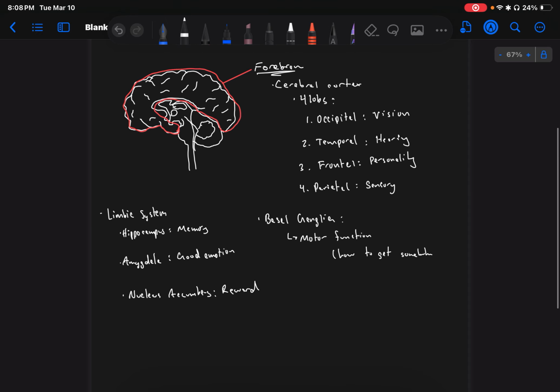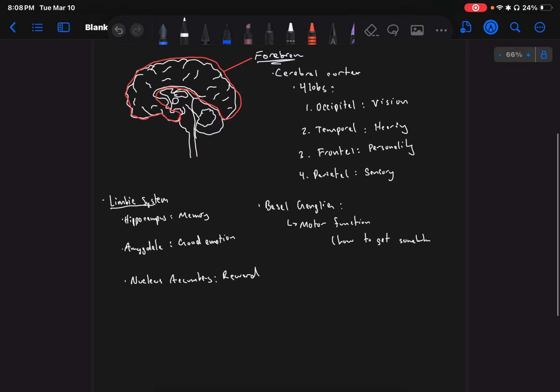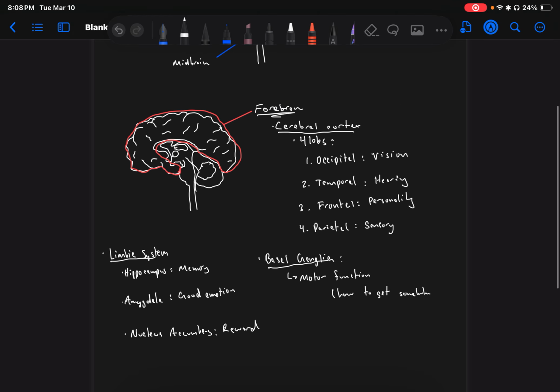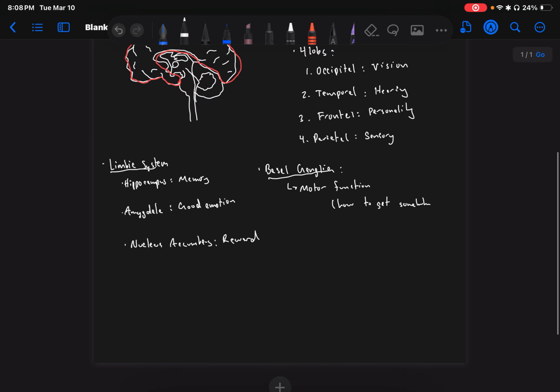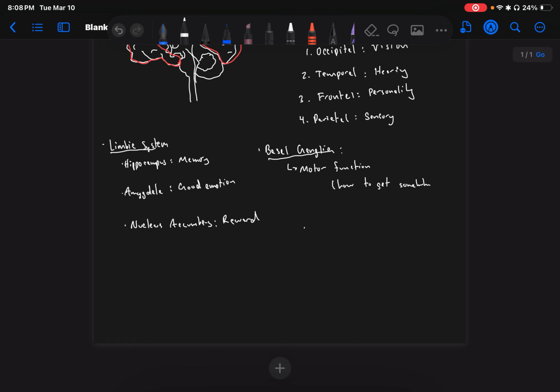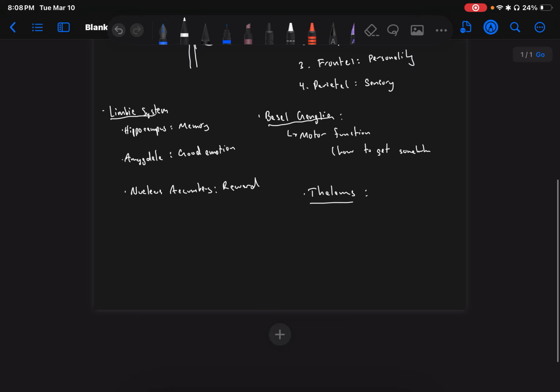Boom. Look at us go. So we have the limbic system so far, the basal ganglia, and the cerebral cortex, all of which are parts of the forebrain. Some other things that we should probably go over is we also have the thalamus. Thalamus is mainly responsible for relaying sensory information to the correct parts of the brain.